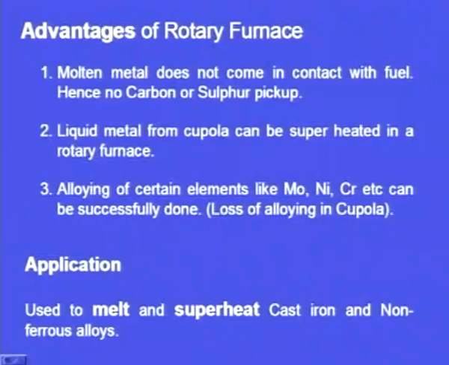So instead we tap the molten metal from the cupola and we feed it inside the rotary furnace, and here we add the required alloying elements, molybdenum or nickel or so on, and here they are not lost. Here alloying can be successfully done, and the application is used to melt and superheat cast iron and non-ferrous alloys. This is used for melting and also for superheating.